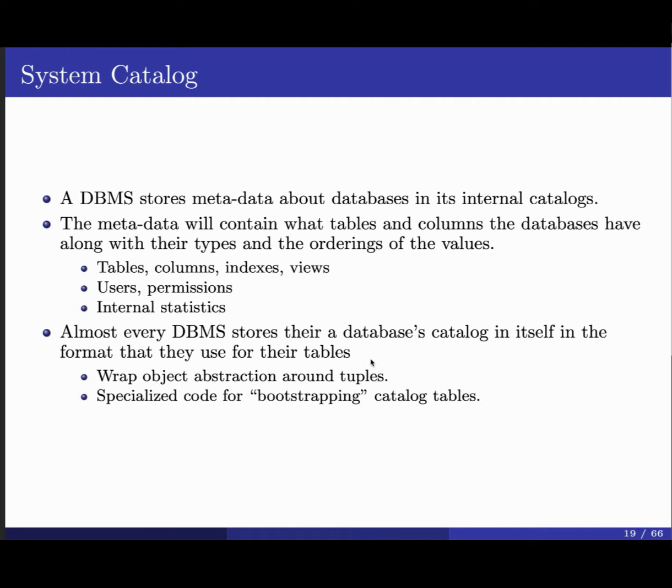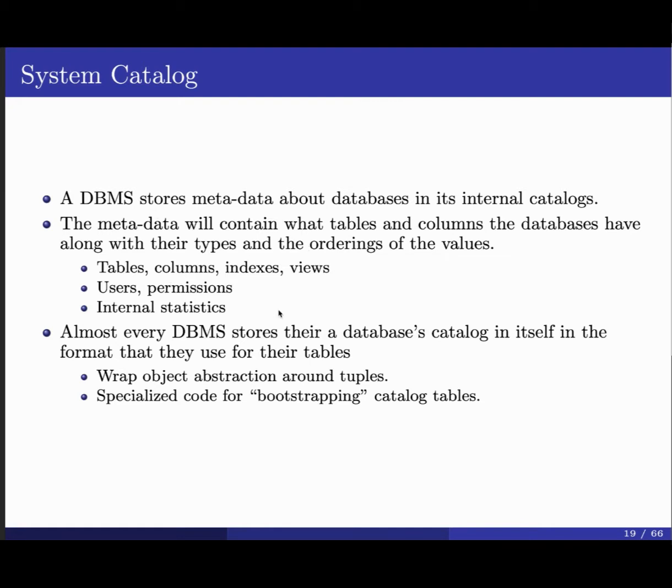So we need information about the tables, the columns, indexes, views, users, permissions, and internal statistics, for example the number of unique values for specific attributes. We're going to use this later when we talk about query optimization, to find the best plan to execute the query. We use the internal statistics to help estimate the cost of executing the query.